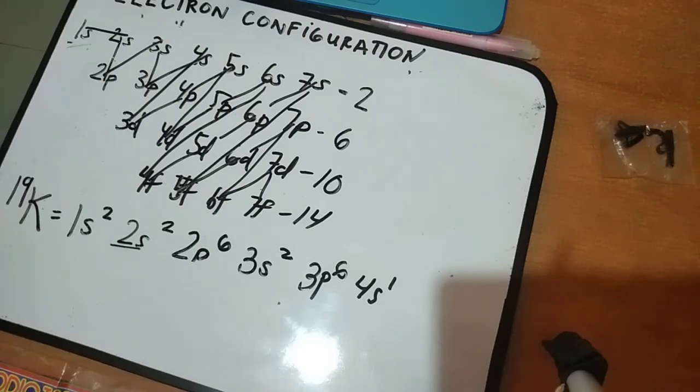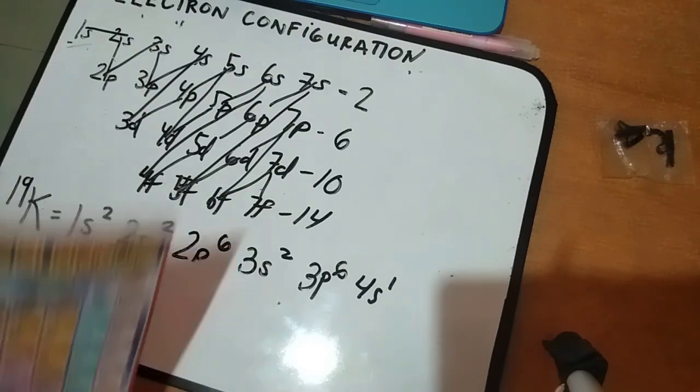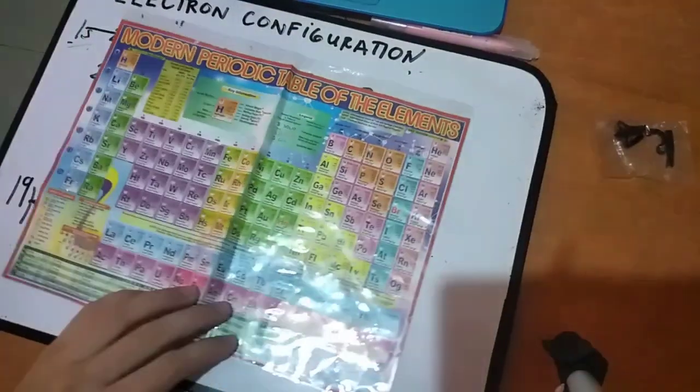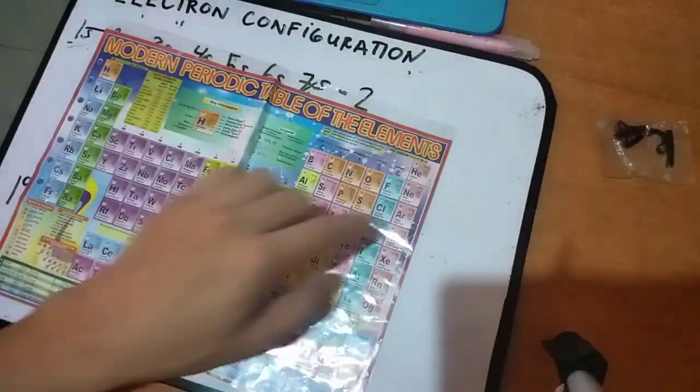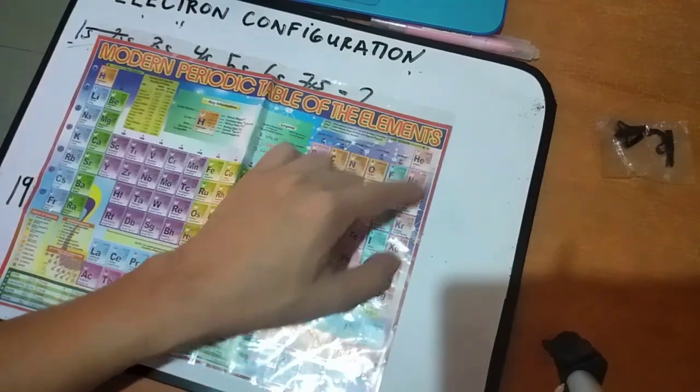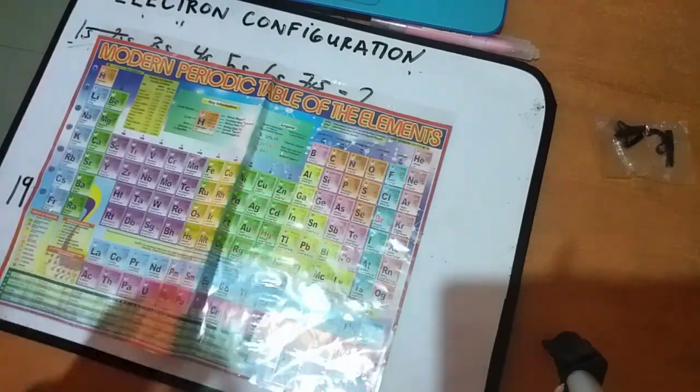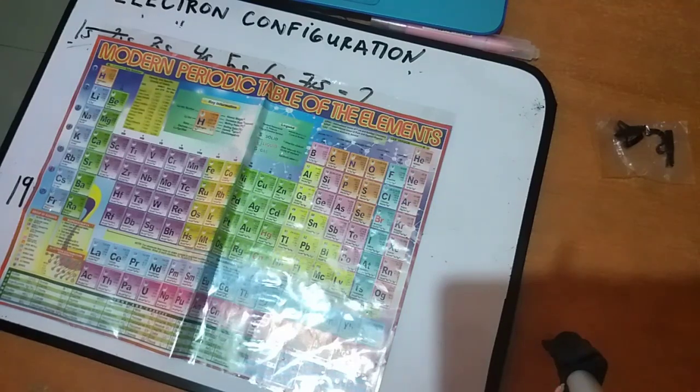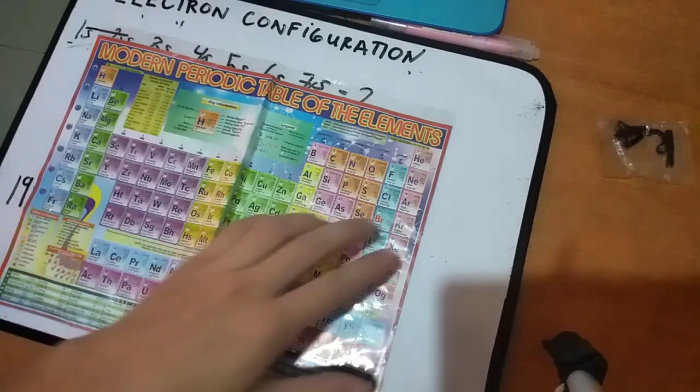So, the noble gas configuration, you would just simply look at the noble gases sa periodic table. So, ano ba yung reference natin? Noble gases. Okay? So, usually, this group would be your P6 group. Okay? P6 lahat yan.